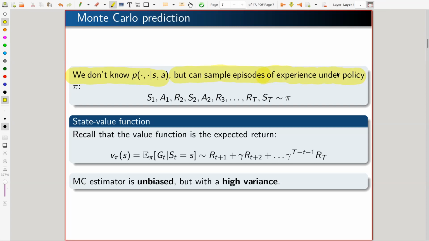An episode has no meaning if I don't assume that I'm choosing actions according to a certain policy. Okay, according to this policy, I obtain this sequence of rewards, states and actions chosen by me. And this is the notation I use to denote that these episodes are taken according to this policy.